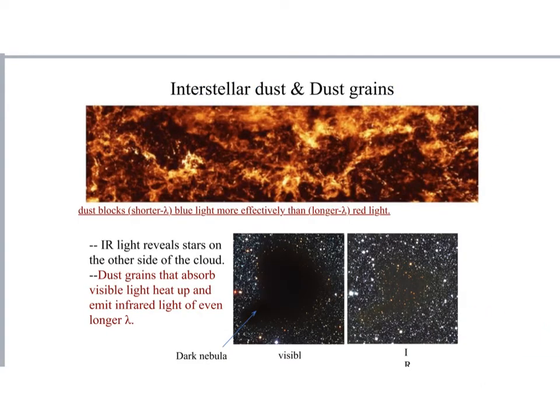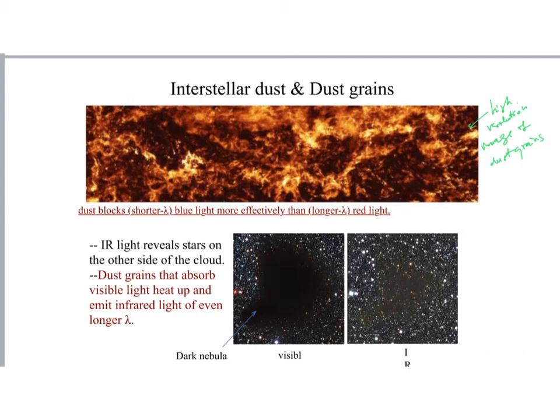All right, another interesting, cool fact about the interstellar dust, or the dust grains. So these are again high resolution images of dust grains, and you already probably noticed their color.